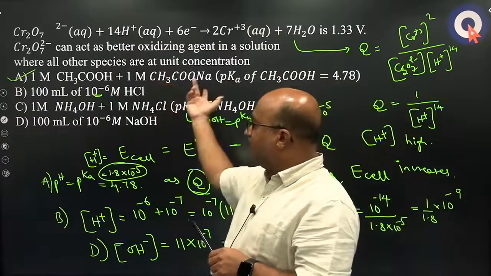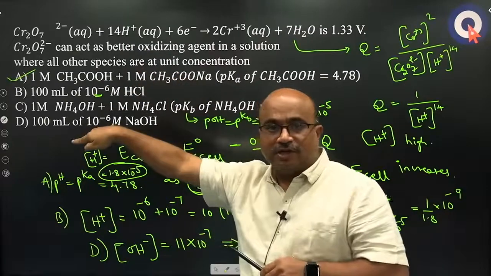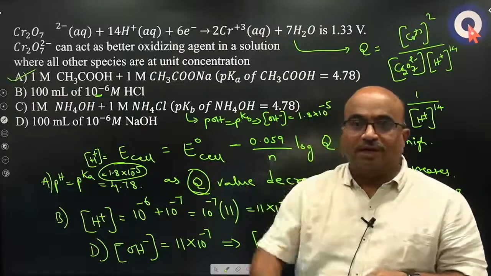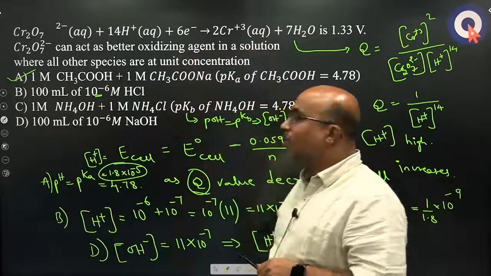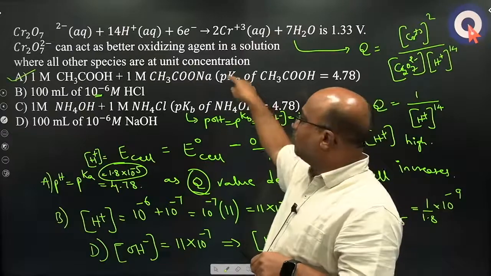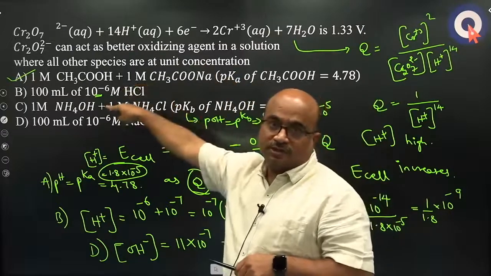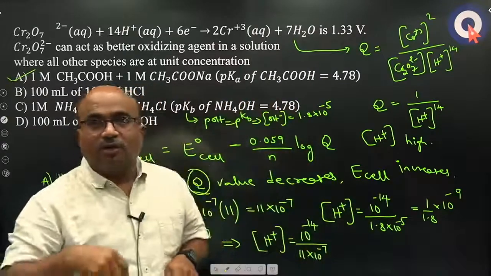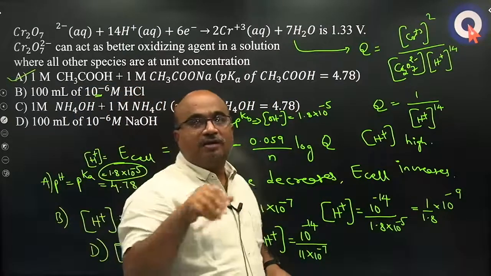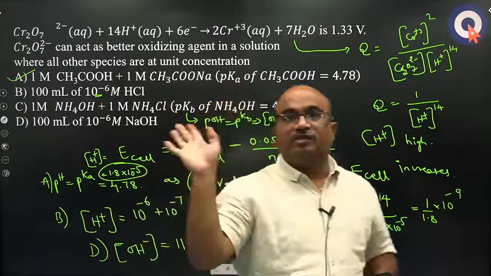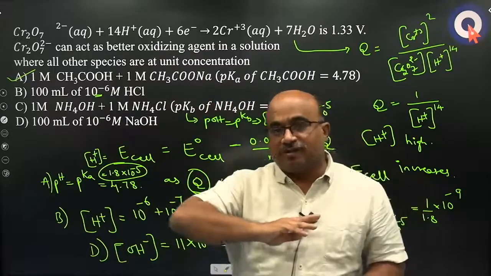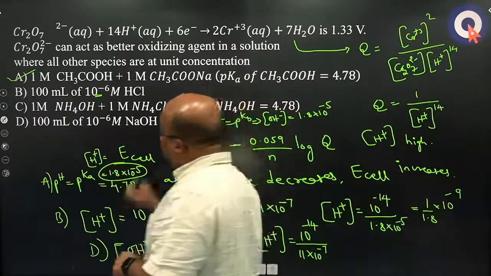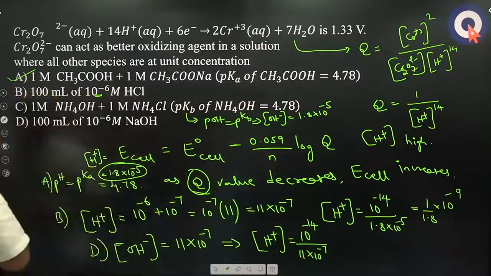Even though it may be a buffer type, even though it is a stronger acid, the calculations of the H plus concentration we predict here show that the H plus concentration is more than this. So you should follow that condition carefully, because we can't directly take that it is a stronger acid, so its H plus concentration is high. Maybe if the concentration of the acids is so low, then it will change. So that type of application is very important.